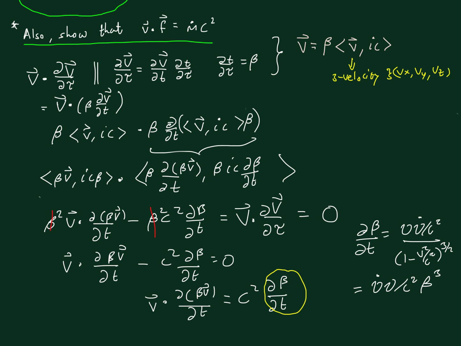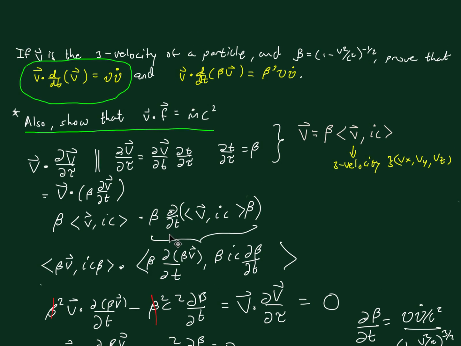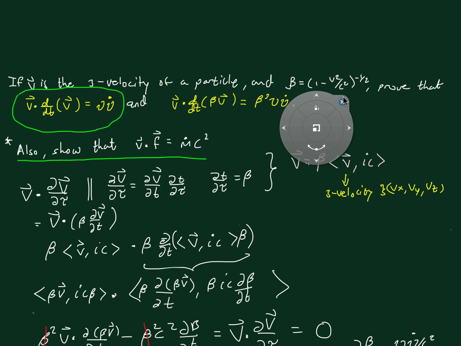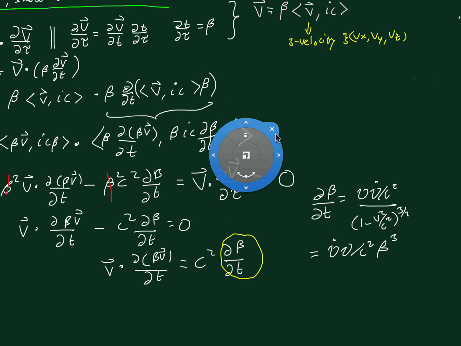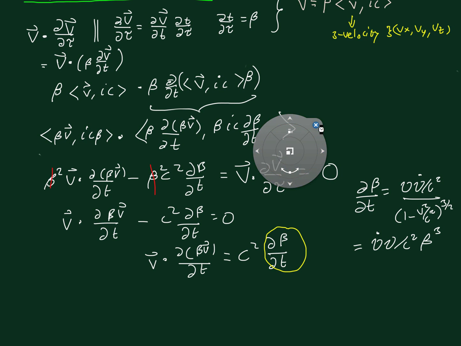Remember, beta is equal to this term here, and if we cube it, we get (1 minus v squared over c squared) to the power of minus 3/2. So we can replace this with v v dot over c squared times beta cubed.